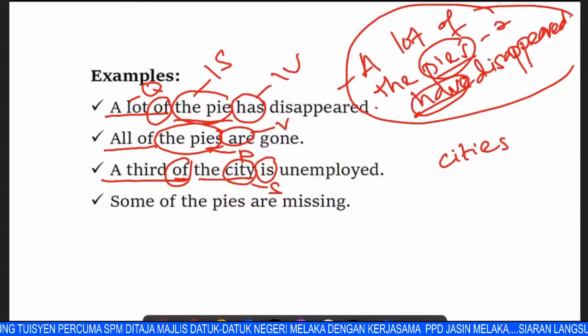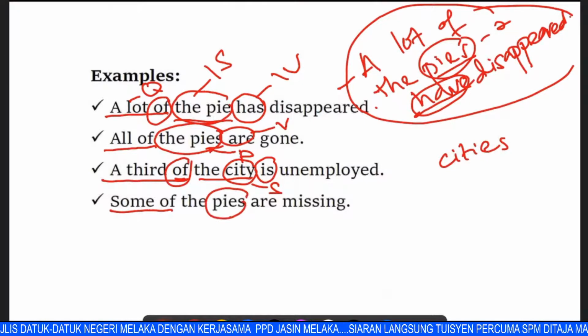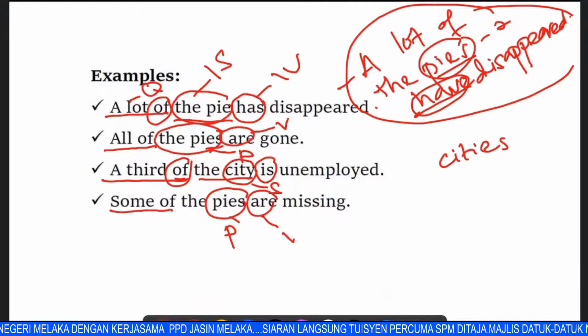Okay. Number 4. For number 4, we use the expression some of. Some of the pies: plural subject, so we use a plural verb.